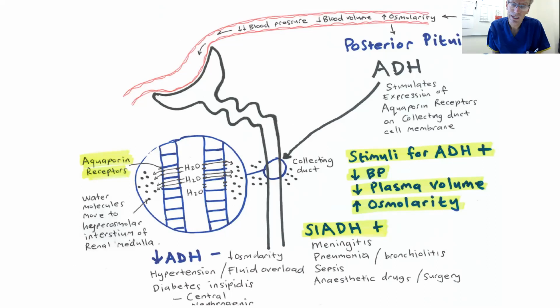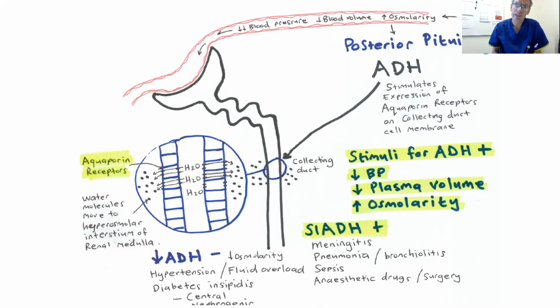And I always think of it like this: in the past, patients who had severe pneumonia or severe meningitis didn't get much fluid. They might have been lying at home for several days, getting sicker, and they couldn't drink much because of their respiratory distress or because their conscious state was poor. And so having high levels of antidiuretic hormone allows them to retain water and not become dehydrated.